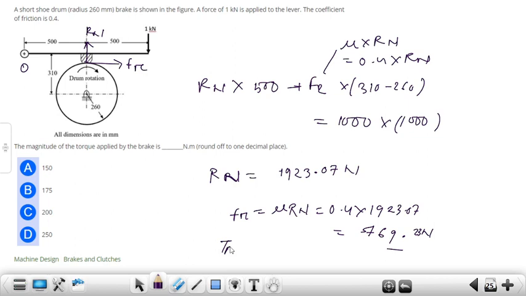And the frictional torque is Fr into the radius of the drum, Fr given 769.23, and the radius of drum is 260 mm, you can write 0.26, which by hand calculation is 200 Newton meter. Option C is the correct answer.